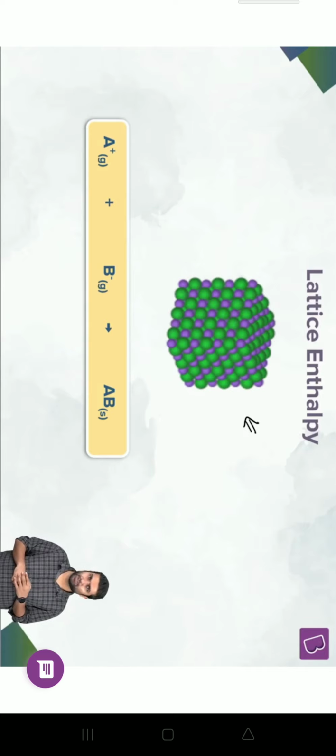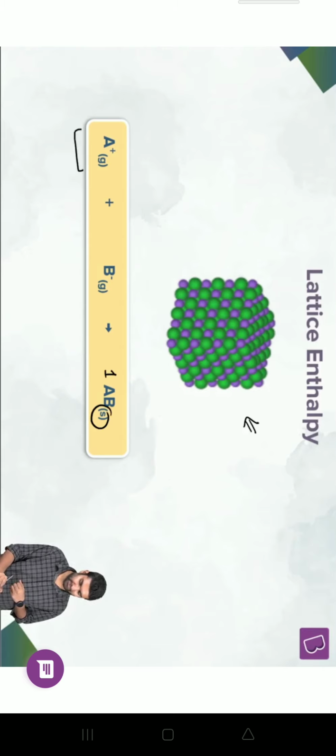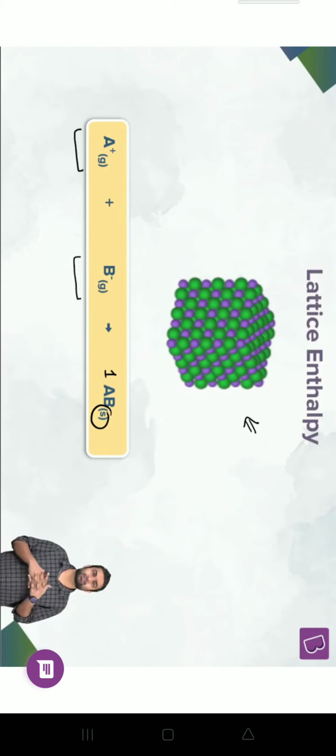So when 1 mole of the lattice is formed from its constituent gaseous ions, the energy released in the process is called lattice energy. Now, always when energy is released, mathematically we represent it in a negative way.